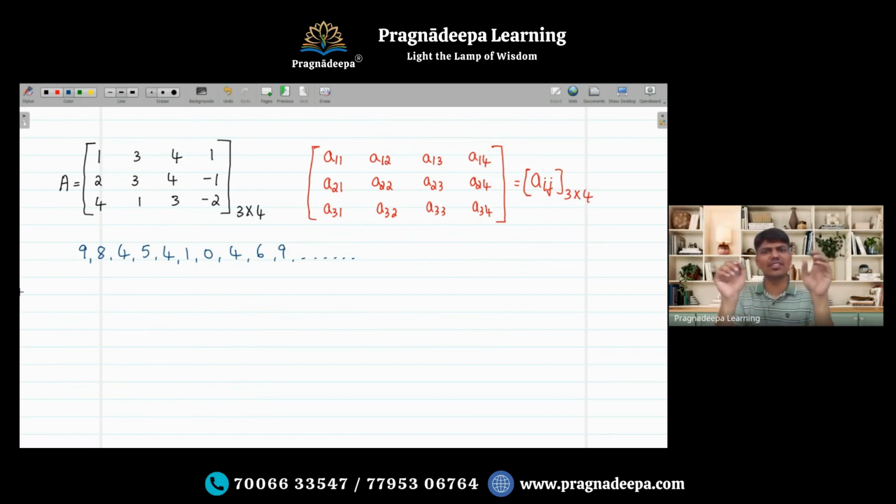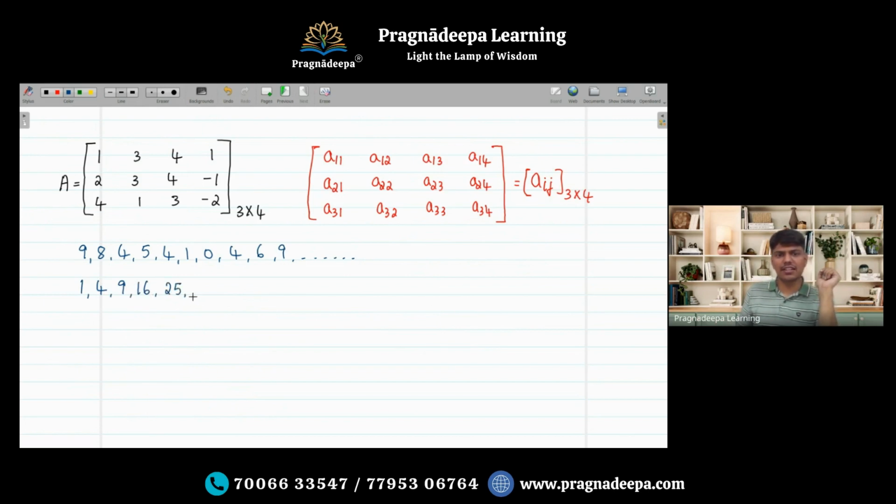So I call that this is not a sequence, because a sequence should have a definite rule. If a common difference is there, we call that rule arithmetic progression. If it has a common ratio, then we call it geometric progression. Or in general, it may have some rule. Say for example, I'll write 1, 4, 9, 16, 25.